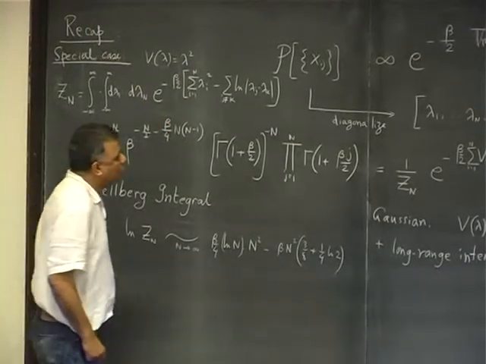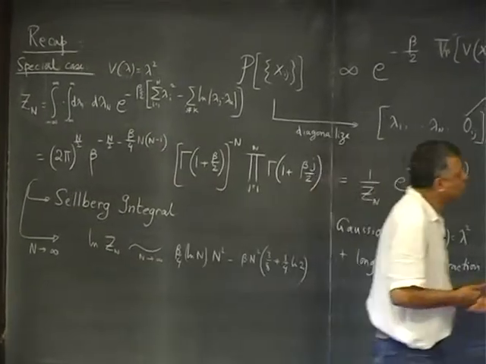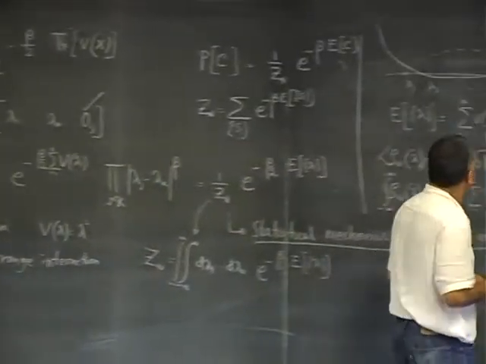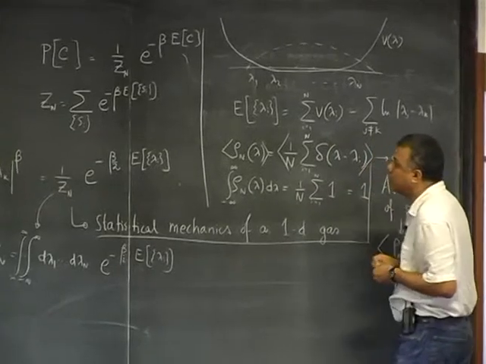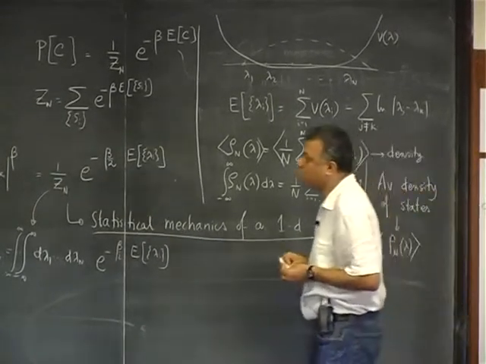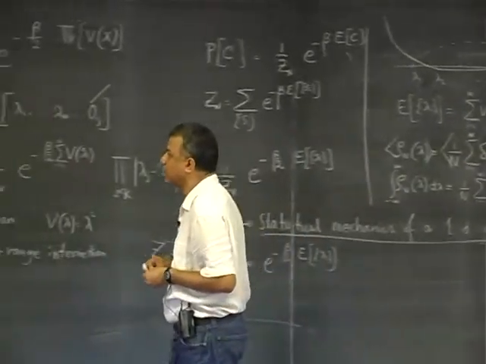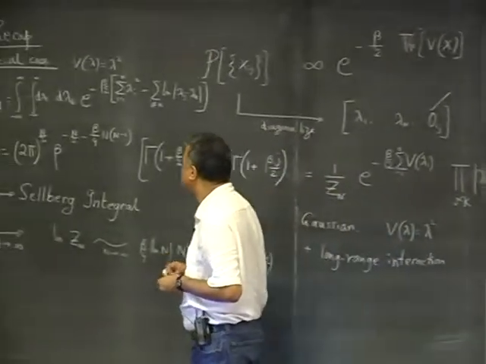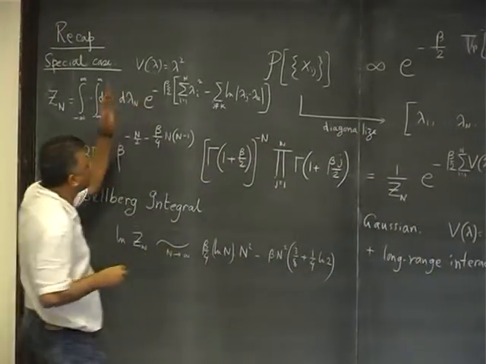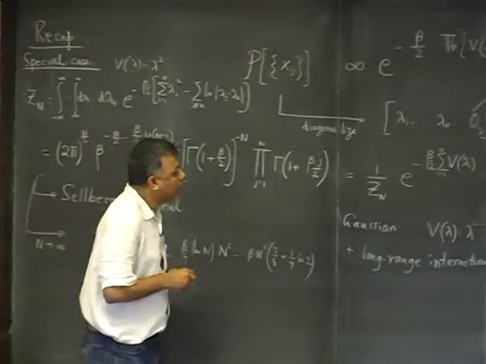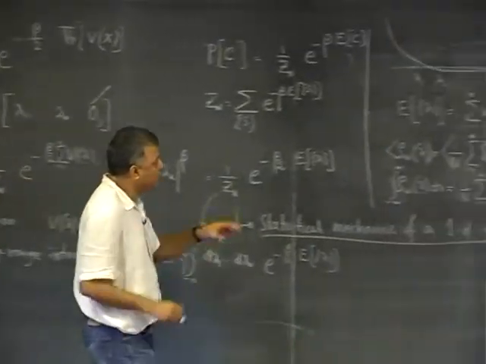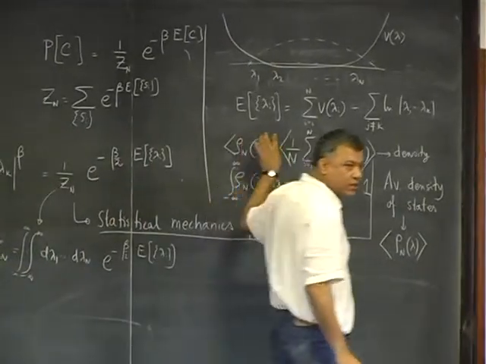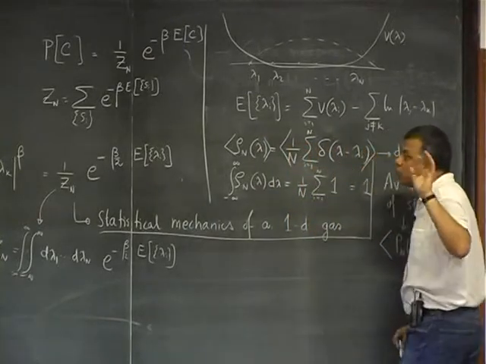Therefore, we need to develop a way to at least get the large n result without knowing the Selberg integral. We want to set up some way so that we can understand any arbitrary potential, and we should also be able to calculate observables like the density of states. So how do we do that?